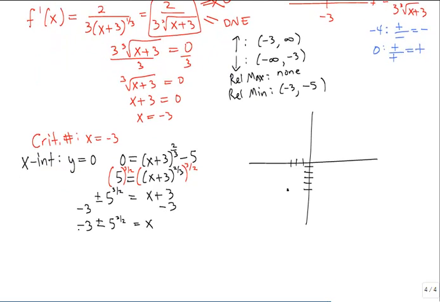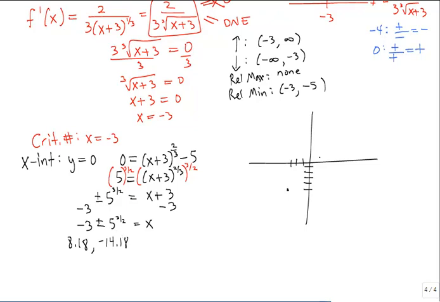When you do the plus case, negative 3 plus 5 to the 3 halves is equal to approximately 8.18. And when you do negative 3 minus 5 to the 3 halves, you get approximately negative 14.18.